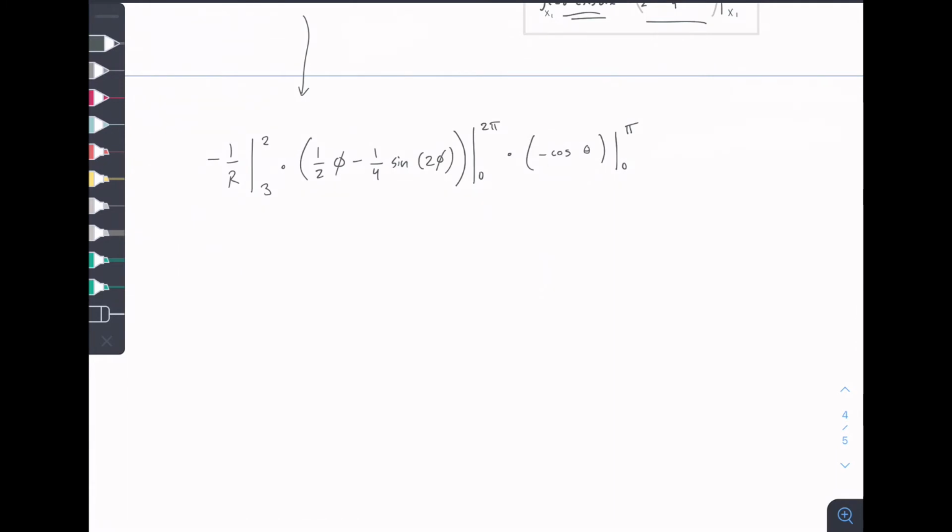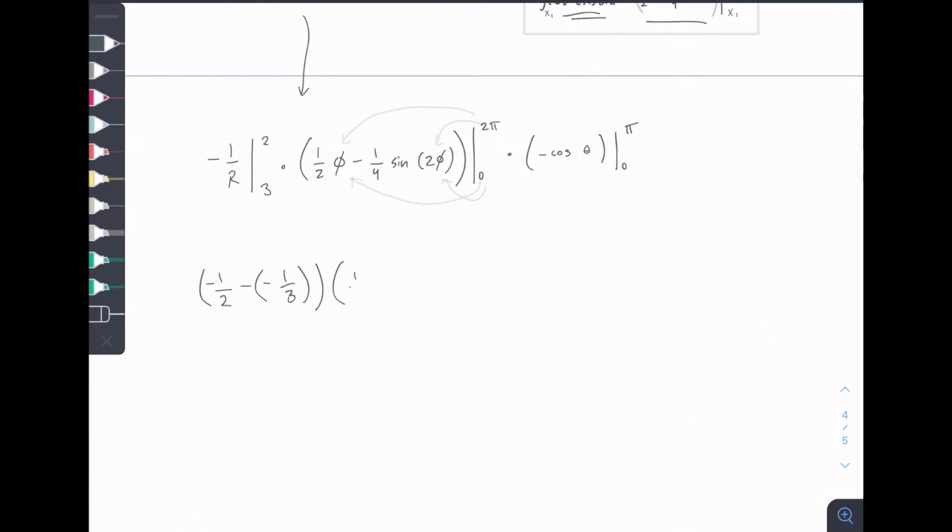So we're going to end up with a negative 1 over 2 minus a negative 1 over 3, okay, times, so we're going to plug in our top bounds first, and then we're going to subtract our bottom bounds.